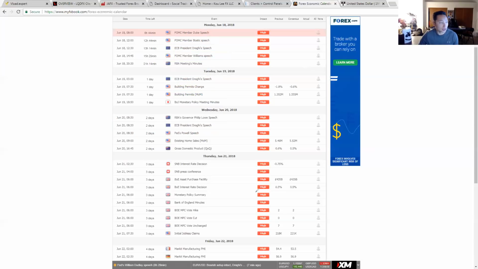Now, what we have here later on would be the GDP for New Zealand, which I think, yeah, that's New Zealand because that's not the same flag as Australia. Thursday, during London sessions, you have the SNB, Swiss National Bank, part of Switzerland. They have their interest rate decision and the press conference.